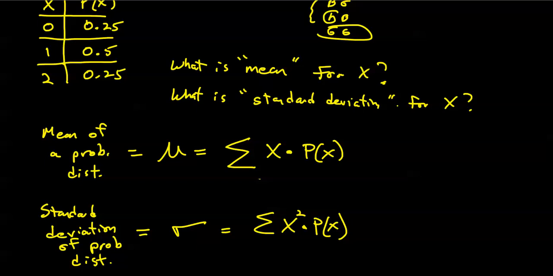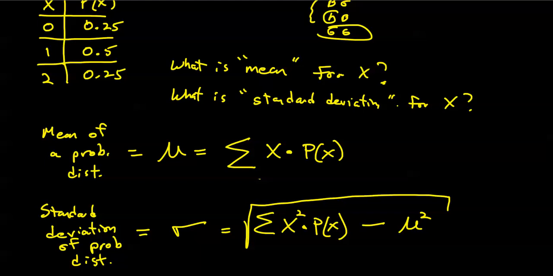I add up those products. Then I subtract the previously computed mean squared, and then take the square root of that entire expression. So that is our standard deviation of a probability distribution formula, and if you stare at them long enough, they should look somewhat familiar to the formulas for mean and SD of raw data, but certainly very different.